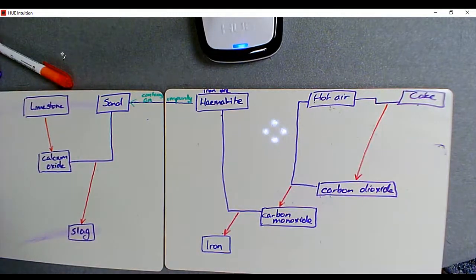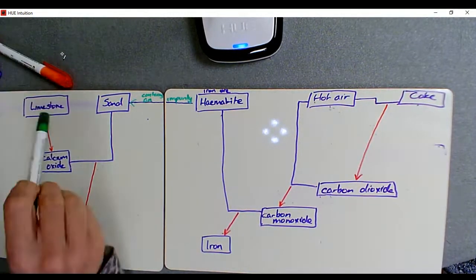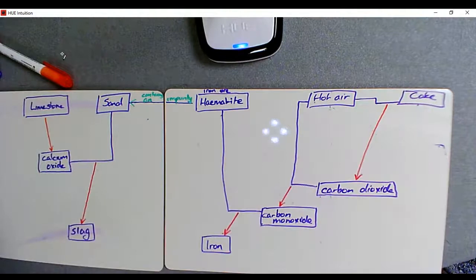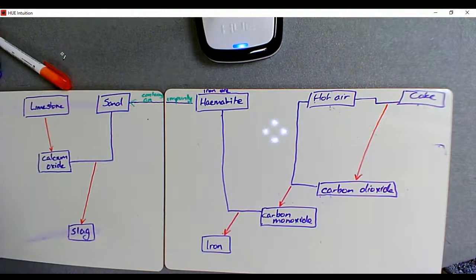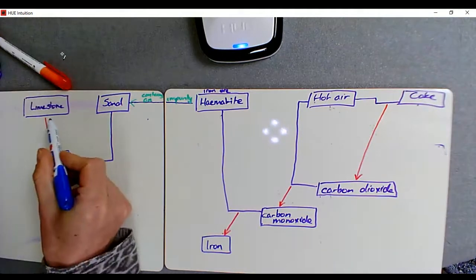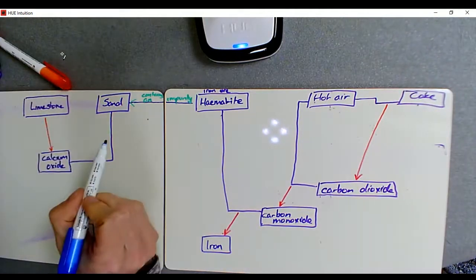Okay, so the first thing we're going to do is, those are the common names of everything, so we're going to put in their chemical names. I'm going to use blue pen, but you can use the same color pen. If you can, use different color pens for everything, just so you know what's connected to what. Again, I want you to pause for a moment. I'm just going to do the first one.